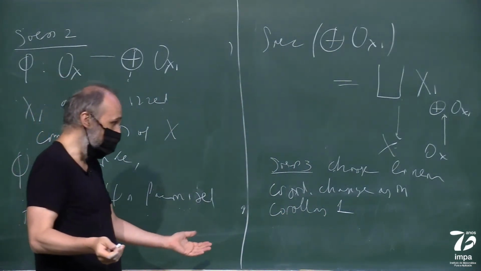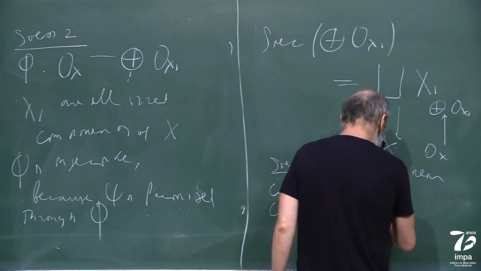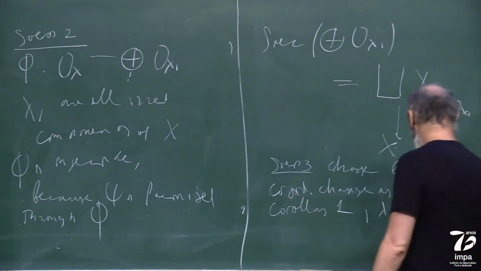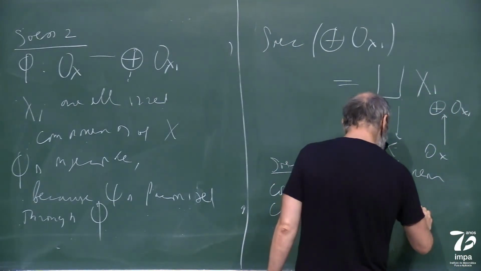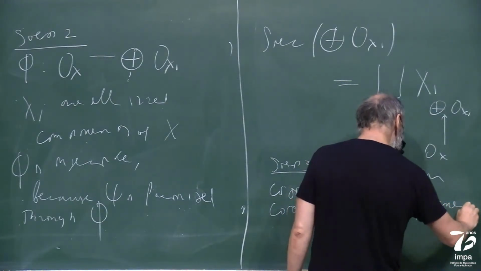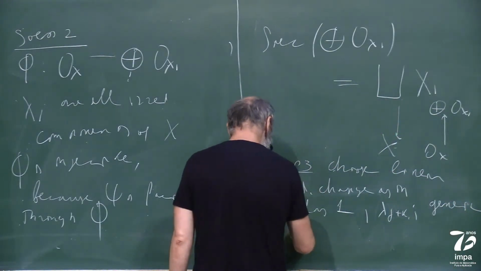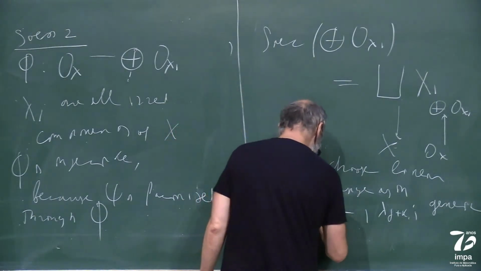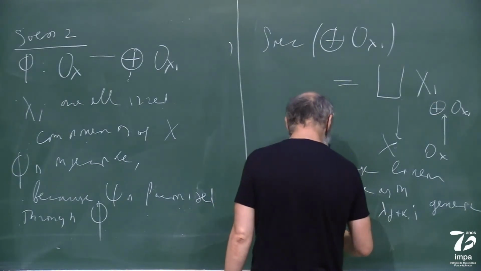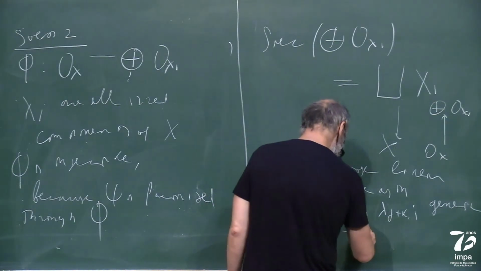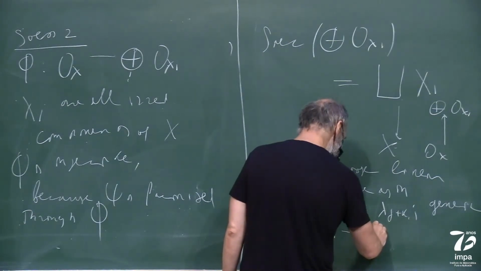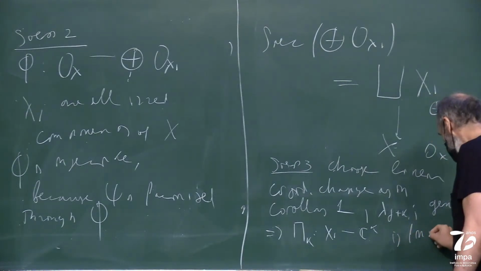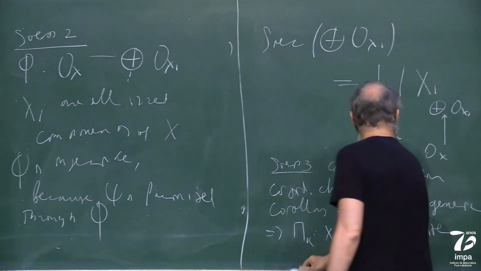And choose lambda generic, lambda_{i,j} with i plus j, j plus k generic. Then the projection p_k to the first k coordinates from Xi to C to the power k is finite. Good.